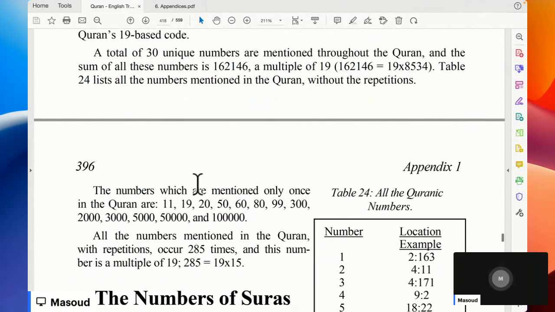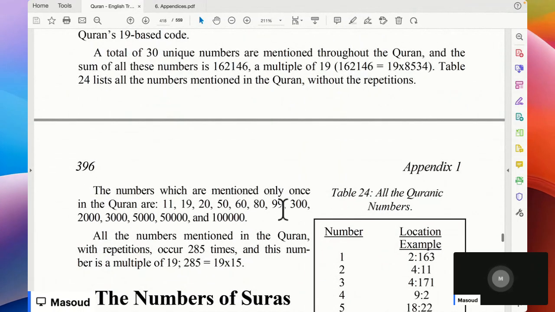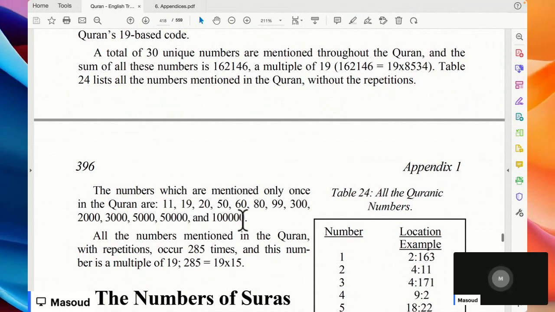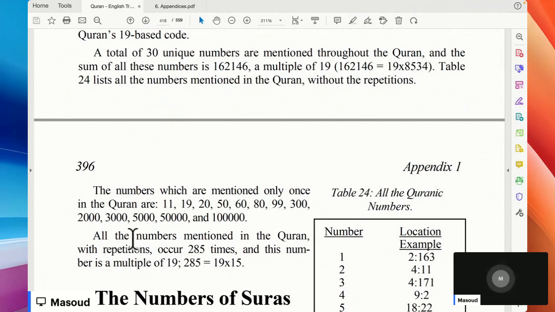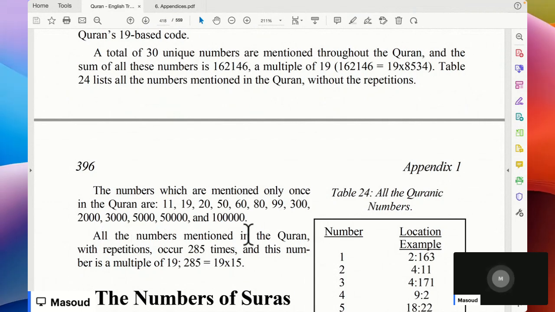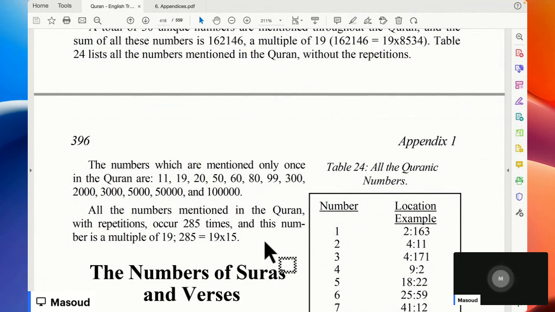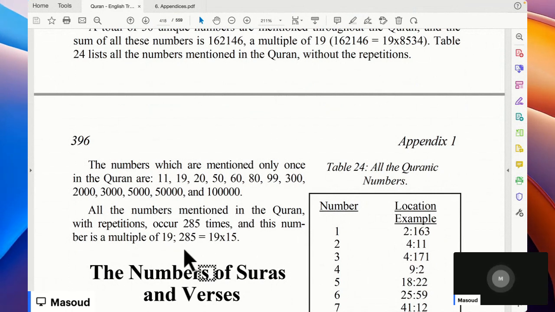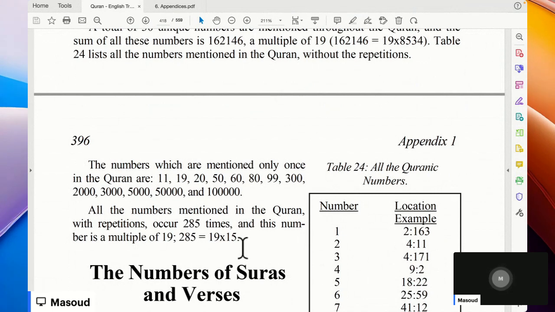Here we have the numbers which are mentioned only once in the Quran: 11, 19, 20, 50, 60, 80, 99, 300, 2,000, 3,000, 5,000, 50,000, and 100,000. All the numbers mentioned in the Quran with repetitions occur 285 times, and this number is a multiple of 19, and that is 19 times 15.